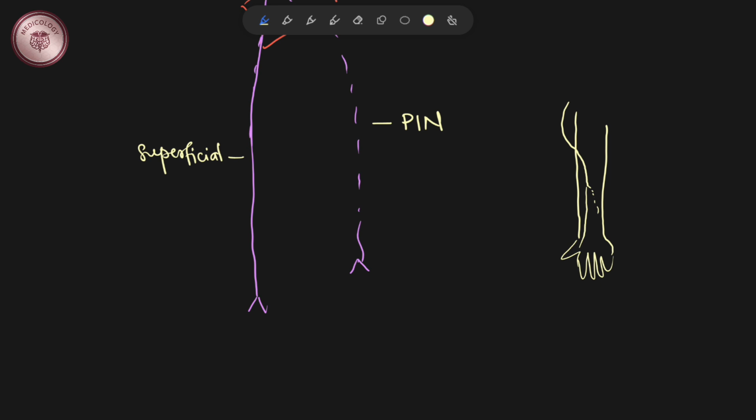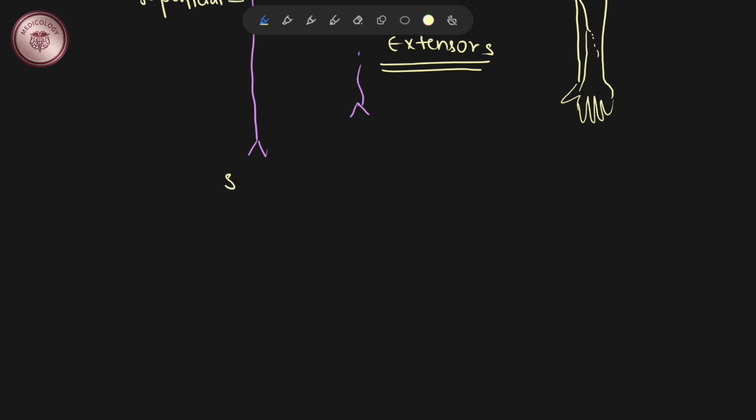So the posterior interosseous nerve will supply all the extensor muscles, the deep and superficial muscles. And what will the superficial branch do? The superficial branch will come to the skin of the dorsum of the hand. So here we have our nerve box, and it is supplying these muscles.